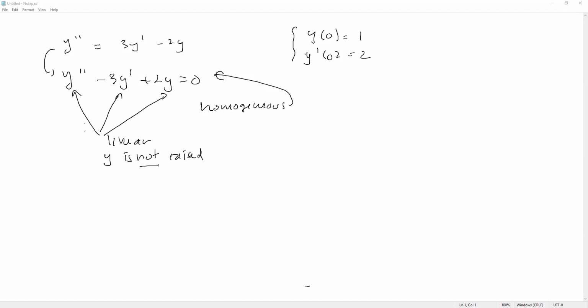Okay, now besides this, see that the numbers in front of the y or its derivatives are all numbers, non-variable, constant. So this is what we call a constant coefficient. The numbers in front of the y, the dependent variable, are all constants, not variables.